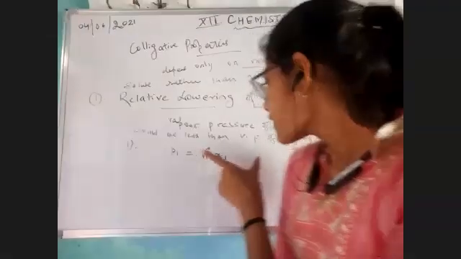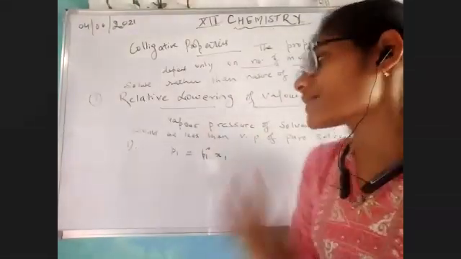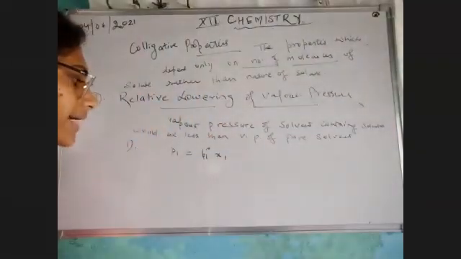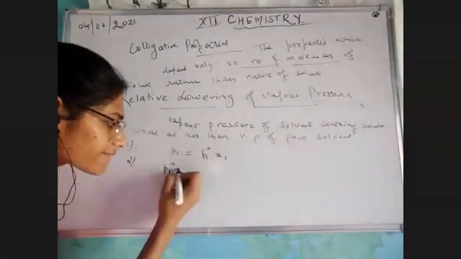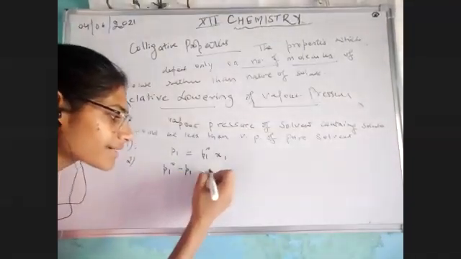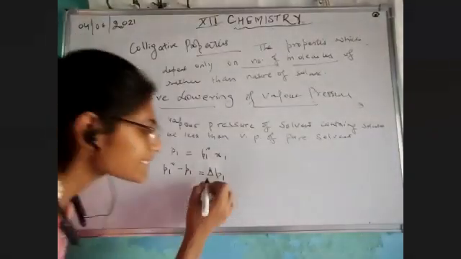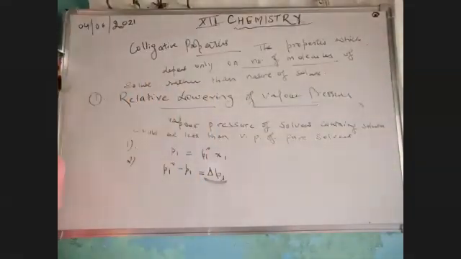Now, as we have said, the vapor pressure of the solvent containing the solute would be less than the vapor pressure of the pure solvent. That means we take P1 naught minus P1, which equals delta P1. Am I clear or not? This delta P1 is known as the lowering of vapor pressure. Okay, now let's combine the two equations. What would we get?